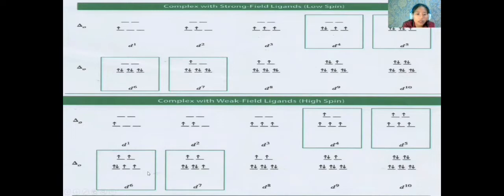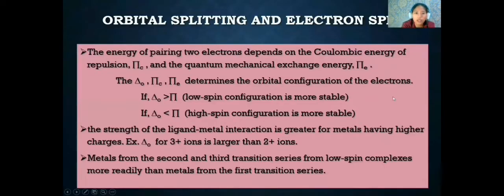And for d6 and d7, you also have unpaired electrons, so they are also considered paramagnetic. Okay, so that's it for orbitals and electron spin.